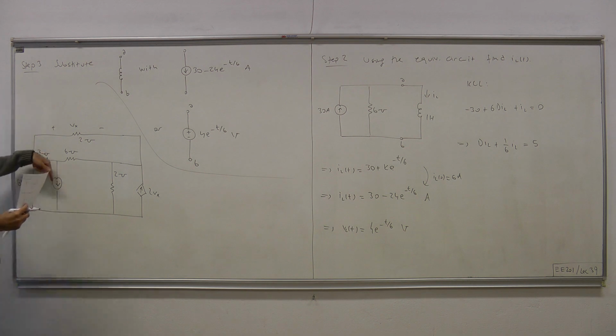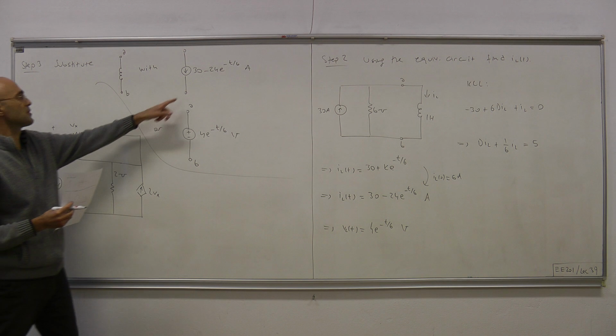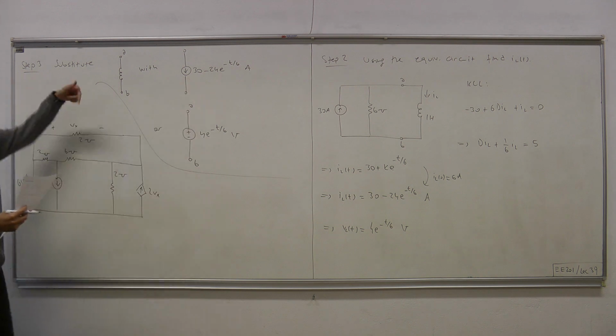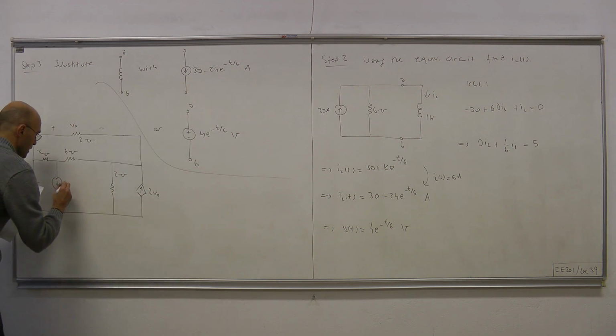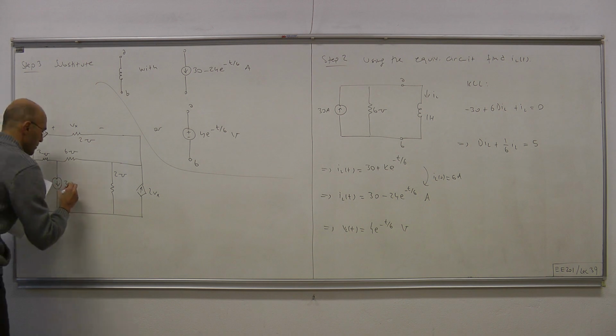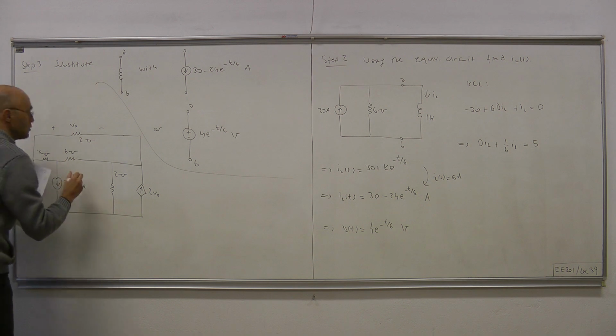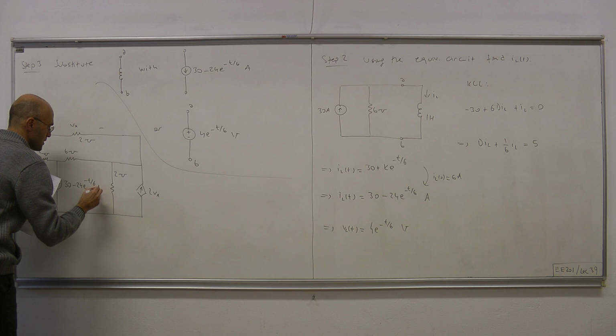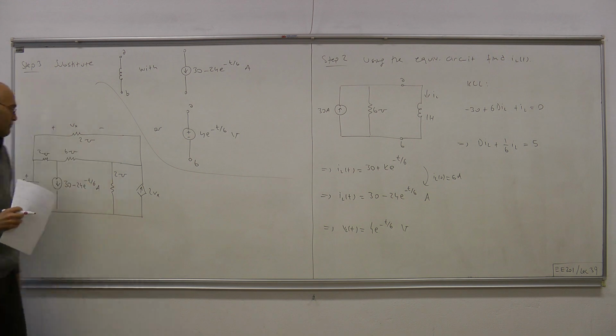The direction of the current source is the same as the direction of the inductor current, which is pointing down, and this current source provides 30 minus 24 e to the minus t over 6 amps of current.